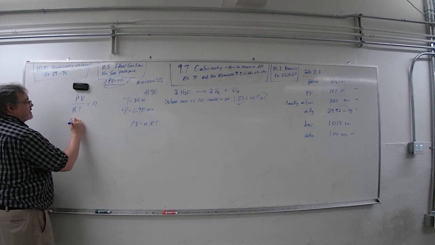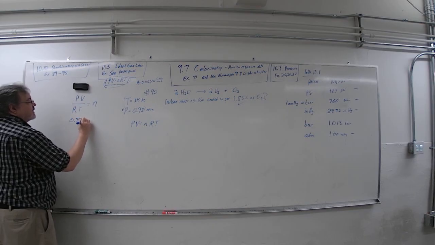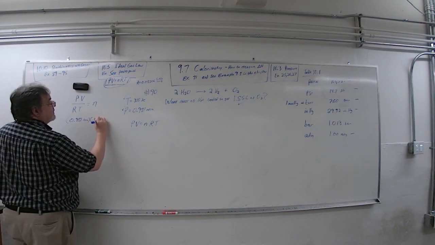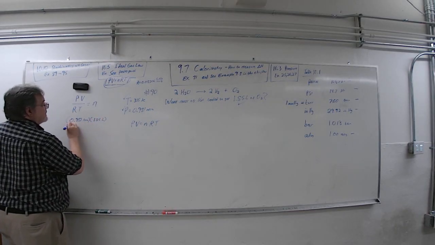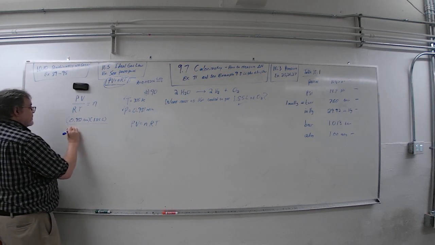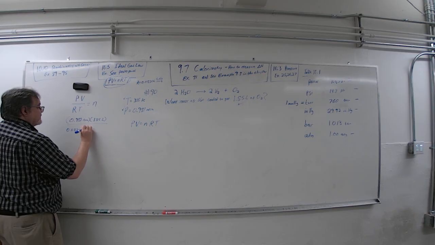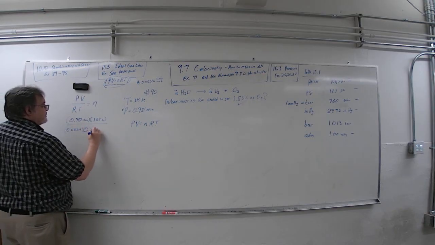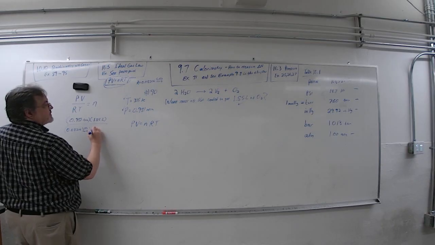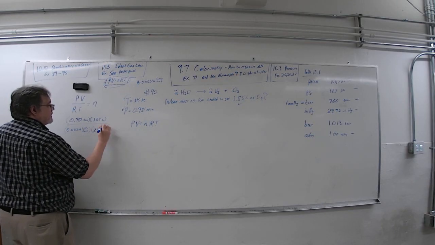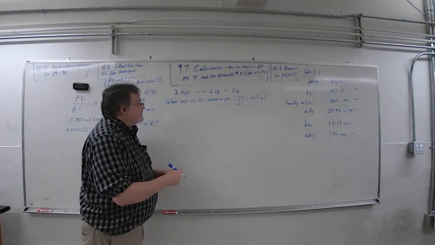Pressure, atmospheres, volume, 1.85 liters. R is 0.08206 liters atmospheres per mole K, and then temperature. That'll tell me how many moles.